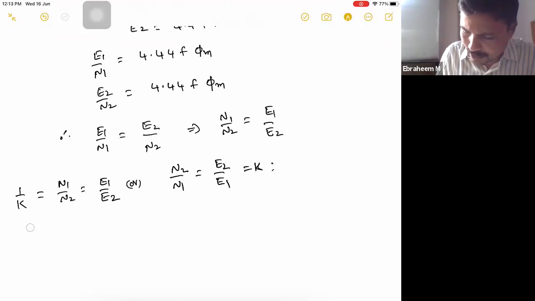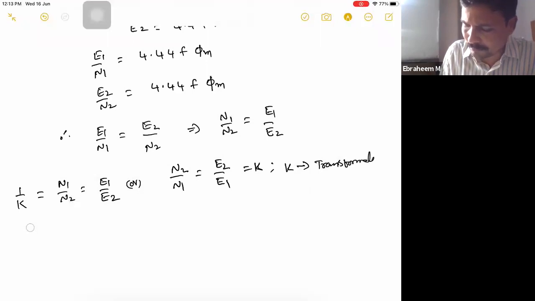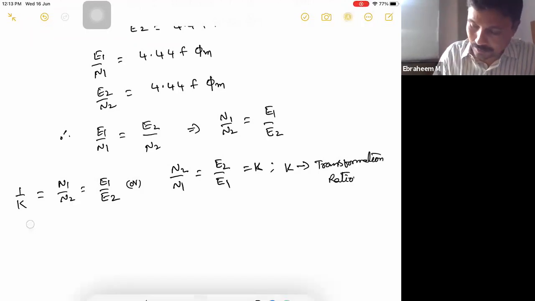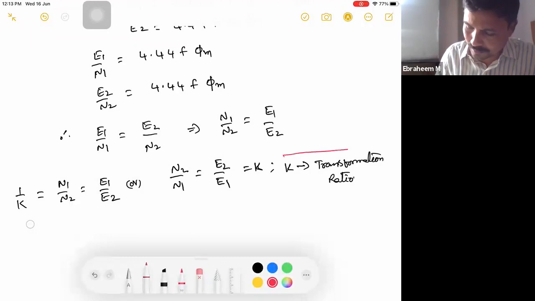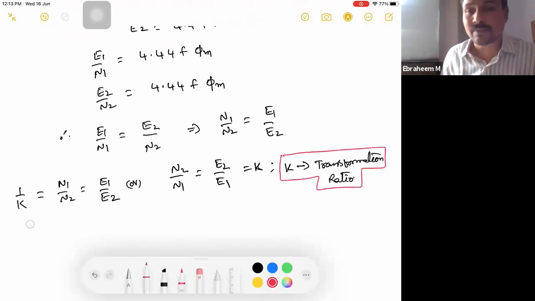So this K is called the transformation ratio. Very, very important when a transformer is concerned. K is called the transformation ratio of the transformer.